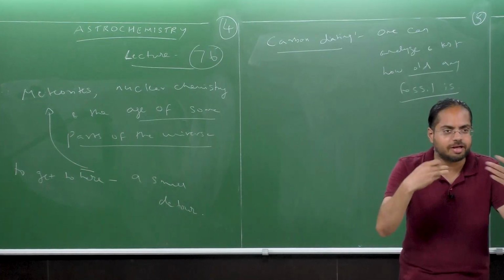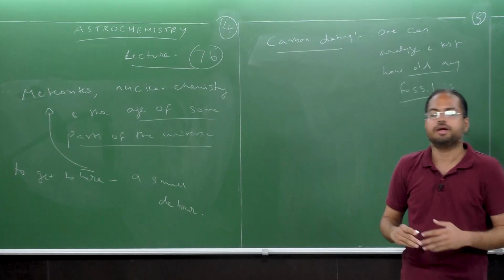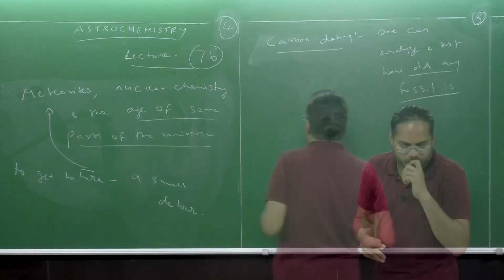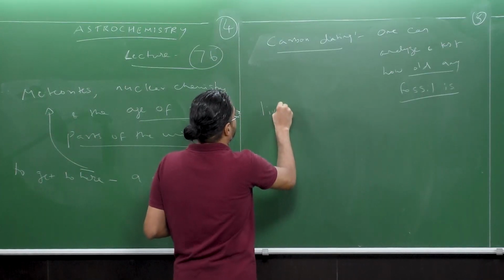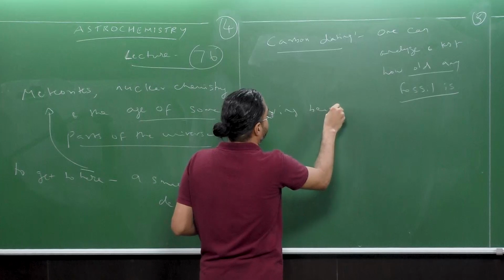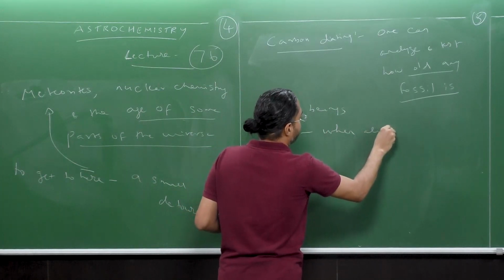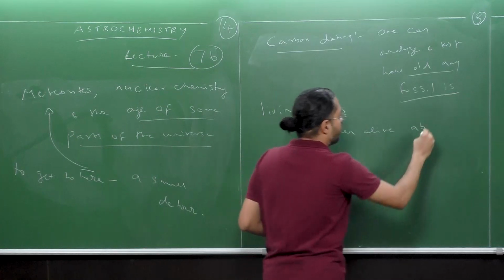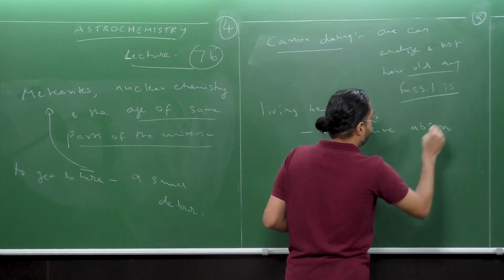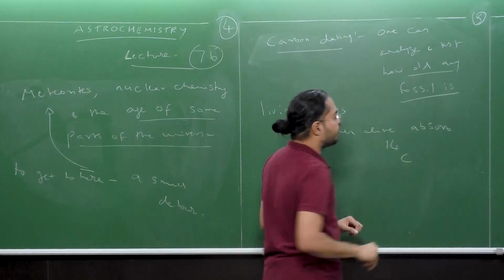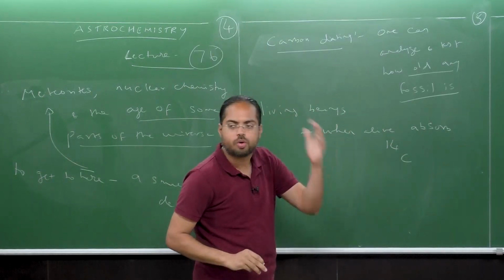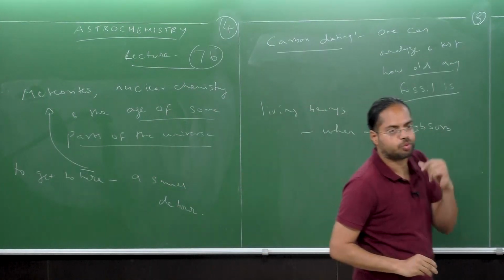What is the fundamental science behind this carbon dating? It is that living beings, when alive, absorb the 14 isotope of carbon. What is the normal isotope of carbon? It is the 12 isotope, right?